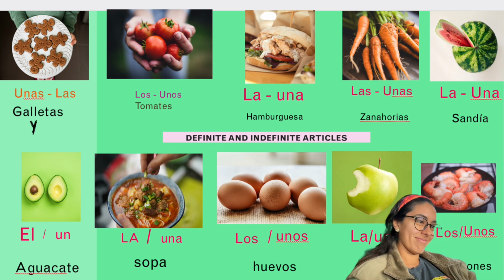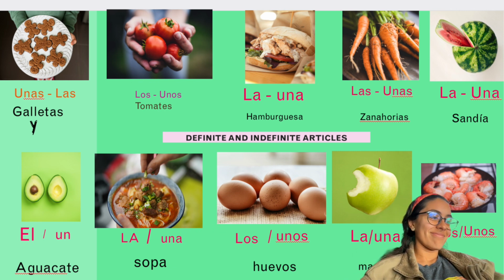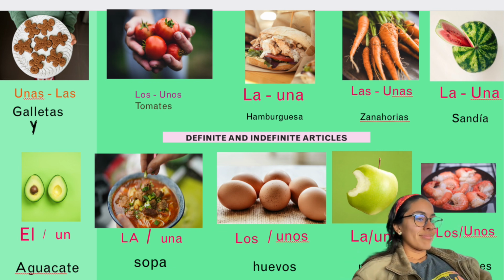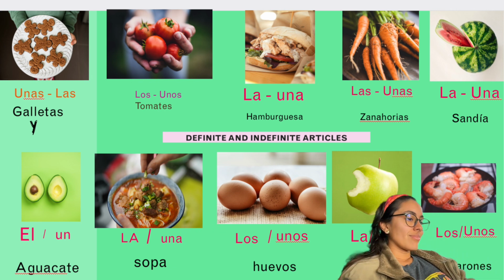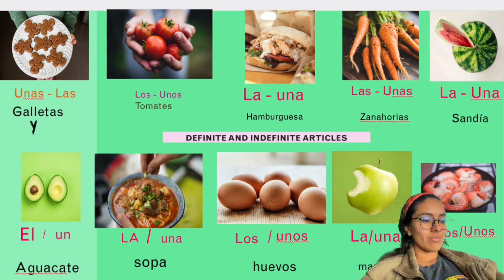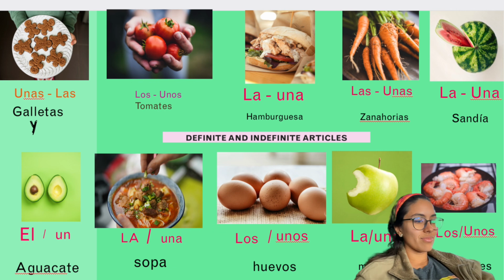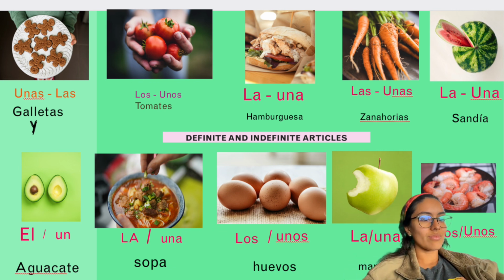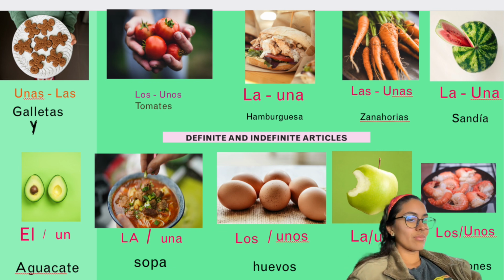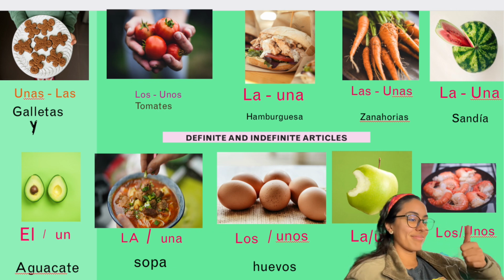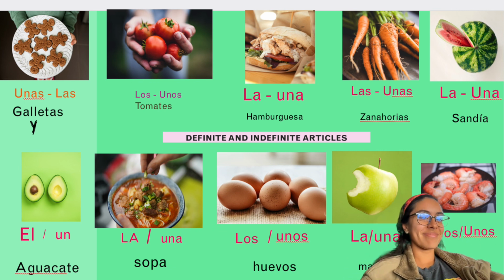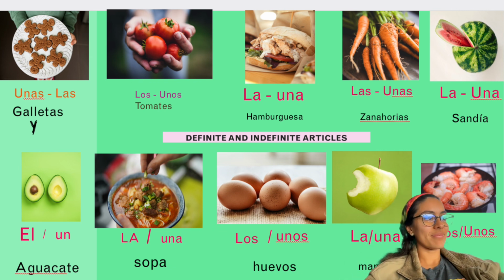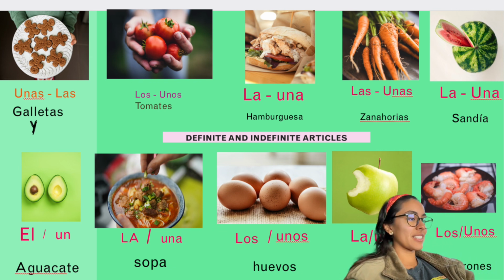John. El aguacate, un aguacate. La sopa, una sopa. Los huevos, unos huevos. La manzana, una manzana. Los camarones, unos camarones. Very good. Next person. Stan.